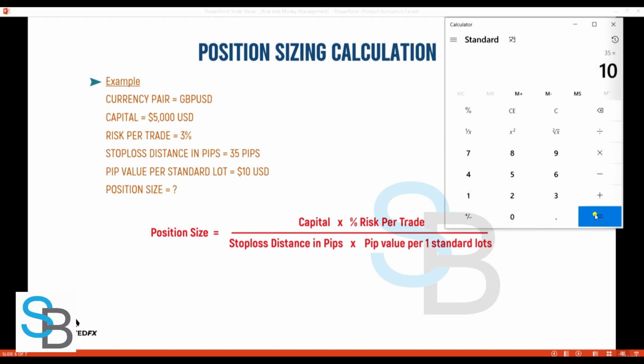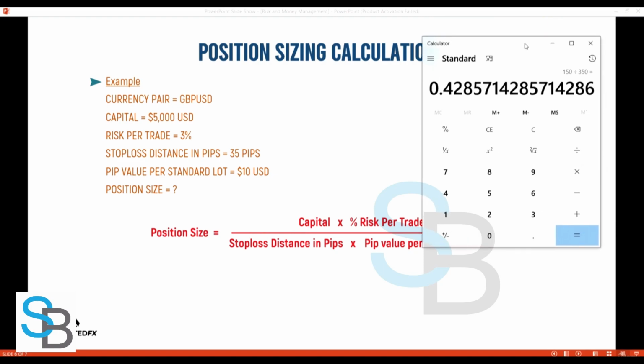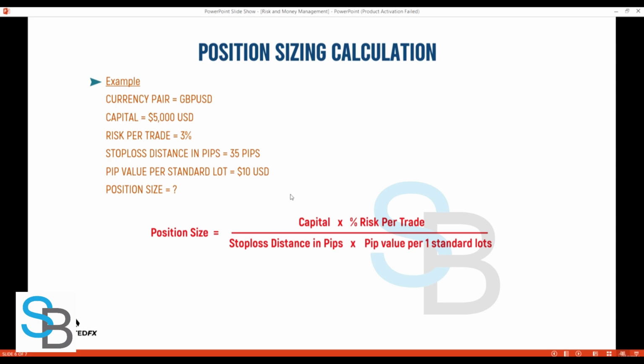So 35 times 10 is 350. What we then do is 150 divided by 350, which is 0.4. So our lot size will be 0.4, or 0.42 lots, in order to risk 3% of $5,000. That will be our lot size.